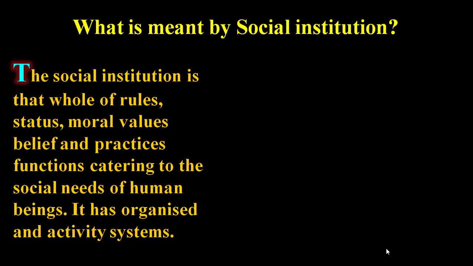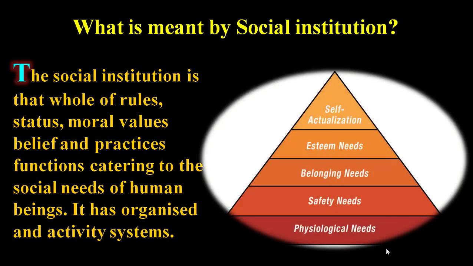Let's come to the meaning of social institutions. What is meant by a social institution? A social institution is the whole of rules, status, moral values, beliefs and practices, functions catering to the social needs of human beings. So that is the concept. We are living in many social institutions.